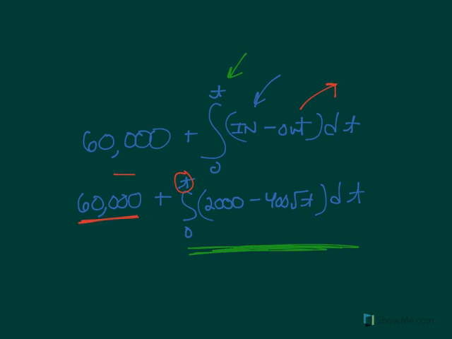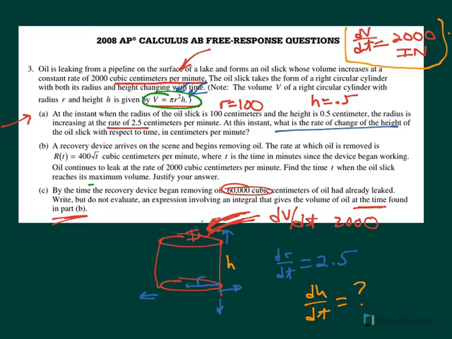You're just going to need to find that t value from part B. And that should be a quick walkthrough of number 3 without doing everything completely out and giving you all the answers. Remember, those are not final answers. That's just the big idea and how to get started on those problems. You'd have to go through and finish and find all those particular answers for those different parts.